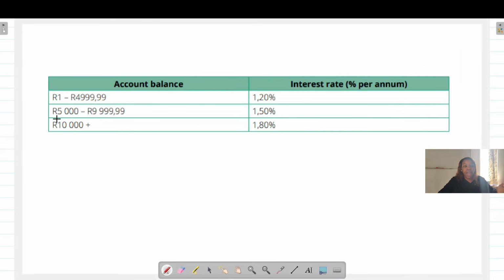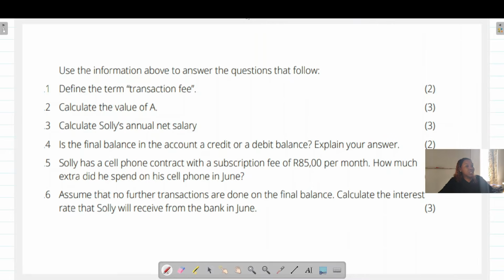If he has between 5,000 to 9,999.99, his interest rate is 1.50%. And if he has an account balance of 10,000 Rand and more, his interest rate is 1.80%, right? Cool stuff. Let us have a look at the questions.